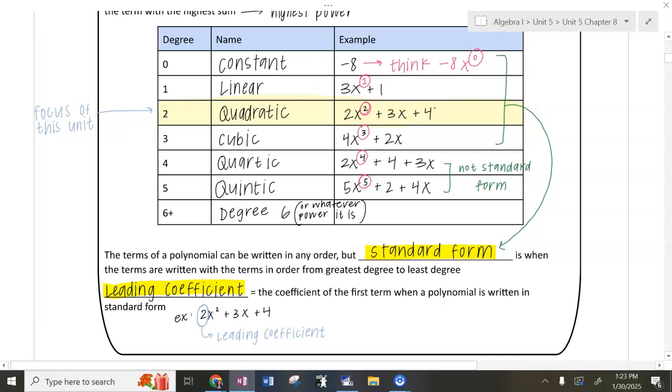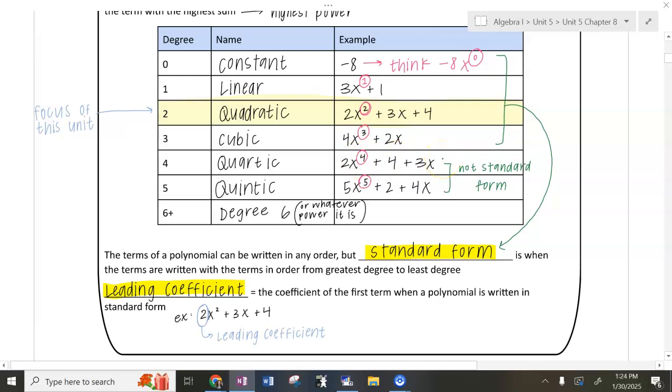You can put the terms in any order. Like this quartic example, it's in any order we want. We have the 4th power, the 0 power, then the 1st power. The quintic example, we have the 5th power, the 0 power, the 1st power. That's why those are called not standard form, because they're not in order from highest power to lowest power.